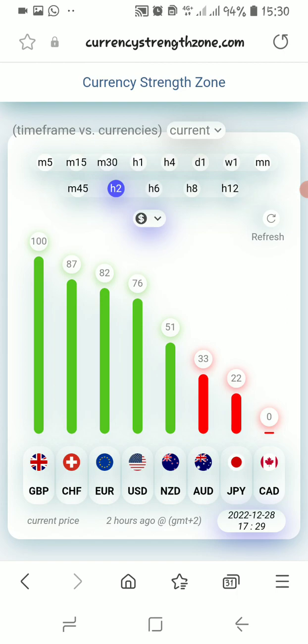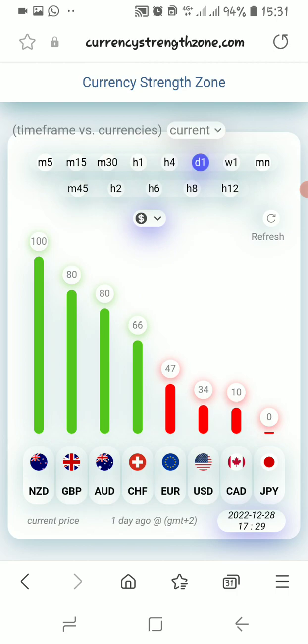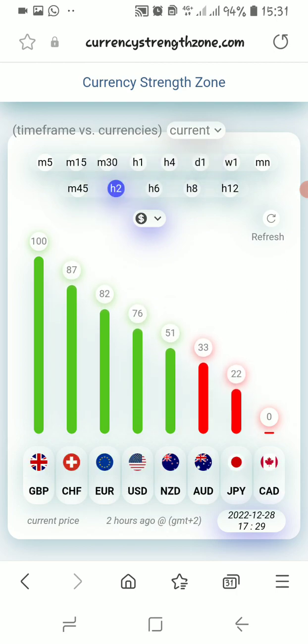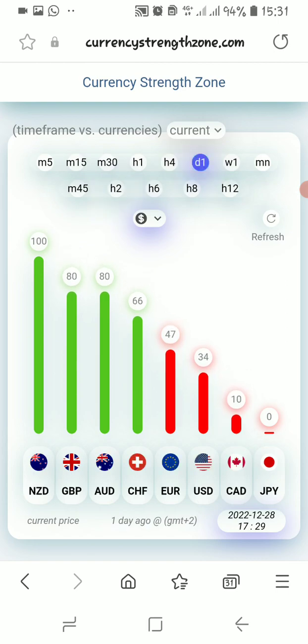So to use a currency strength meter to make profitable trades, there are things you should note. When there's any indication, you should not just go into the market and place a trade.